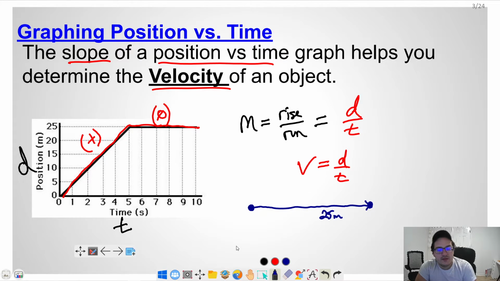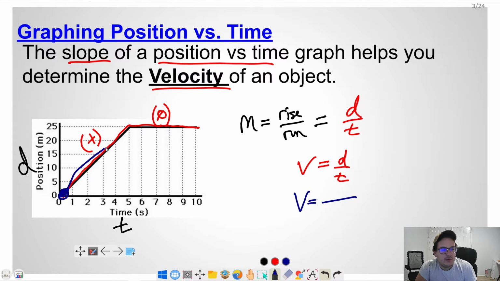What was the velocity of that dot? Velocity is displacement over time. This dot went up 25 meters, and it went over for 5 seconds. So 25 divided by 5 is 5 meters per second.